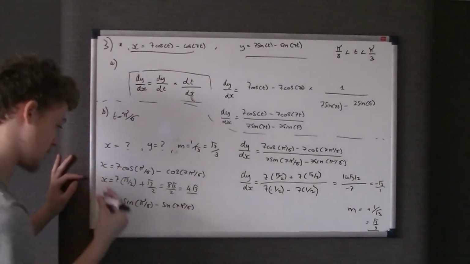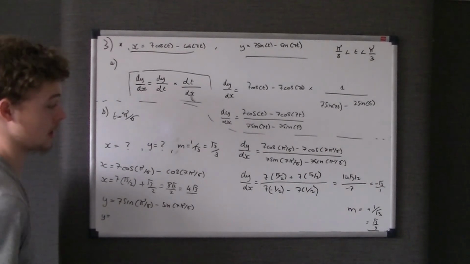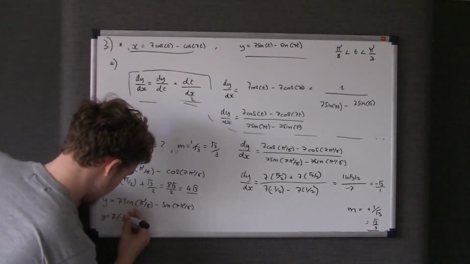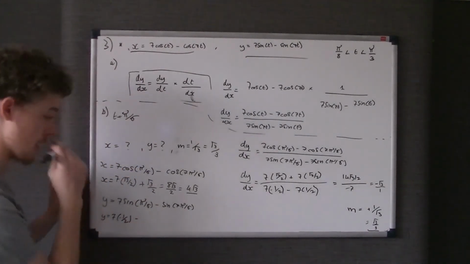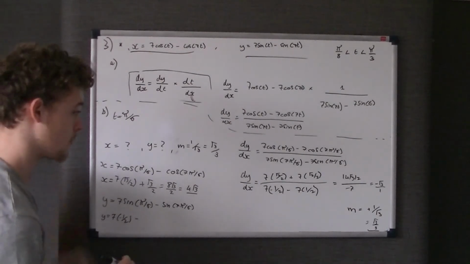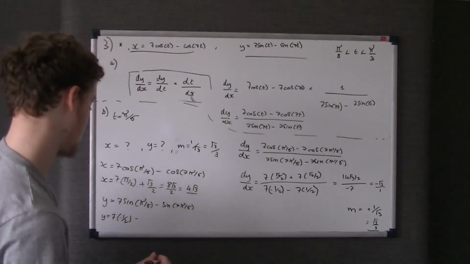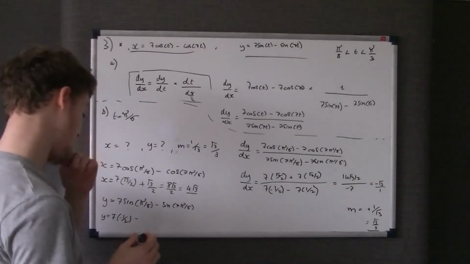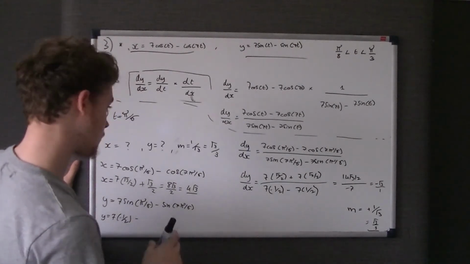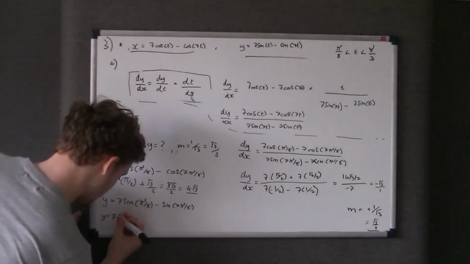Sine of pi on 6 is positive half, not negative, sorry, I do apologise.